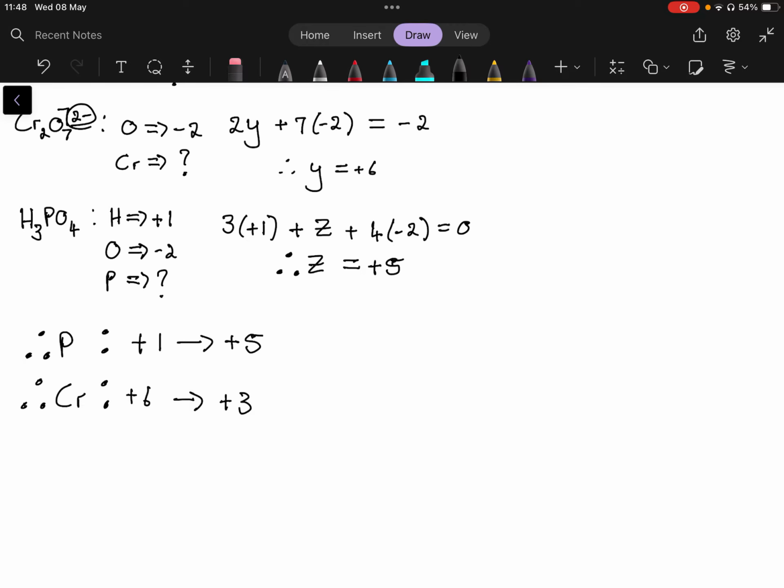The phosphorus goes from plus 1 to plus 5, and the chromium goes from plus 6 to plus 3. Hence, we can see the phosphorus has an increase in oxidation number. Therefore, the phosphorus-containing species is oxidized.